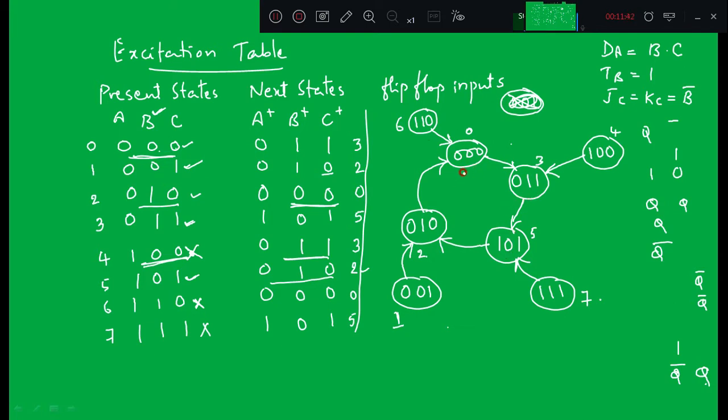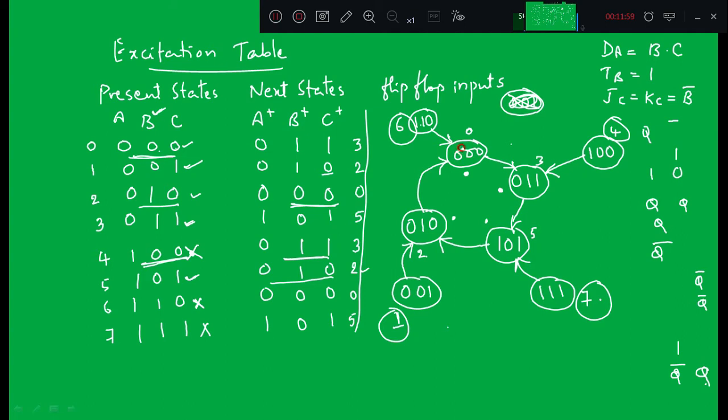These states, 0, 3, 5 and 2, are the valid states. And 6, 4, 1 and 7 are called the invalid states.